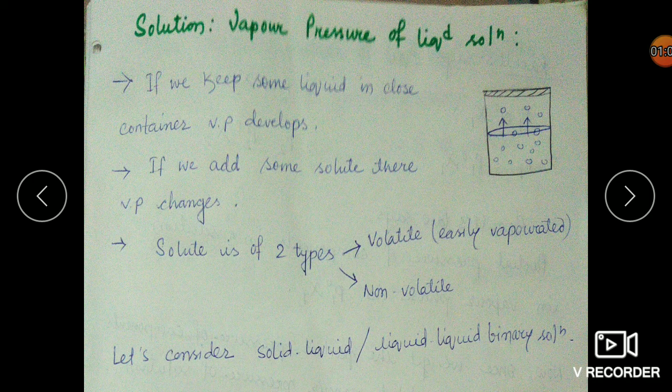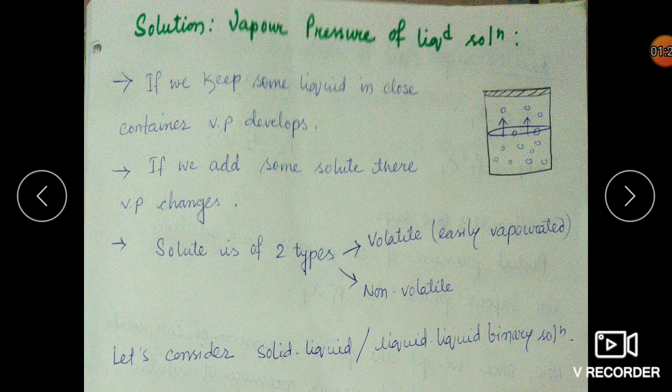Second point, whenever you add some solute in that solvent, what happens, solute will occupy the surface. Okay, you know that vaporization is a surface phenomenon, so some solute will occupy the surface and the vapor pressure will change. Sometimes it increases, sometimes it decreases.